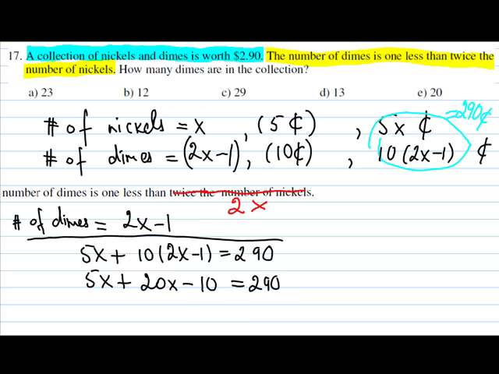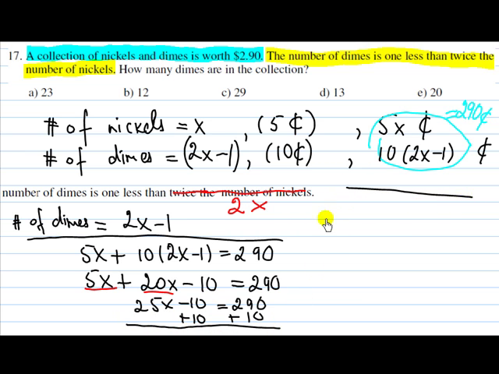Then we'll combine 5x and 20x, which will give us 25x minus 10 is 290. To isolate the x's, we will add 10 on both sides.